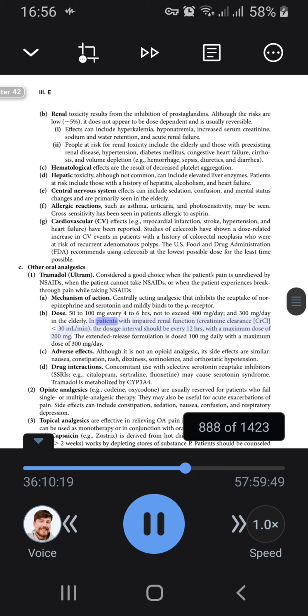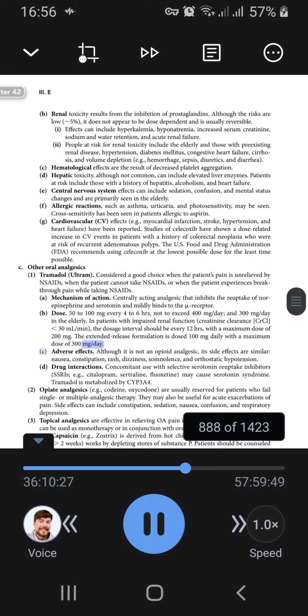In patients with impaired renal function, creatinine clearance (CrCl) under 30 mL/min, the dosage interval should be every 12 hours, with a maximum dose of 200 milligrams. The extended-release formulation is dosed 100 milligrams daily with a maximum dose of 300 milligrams a day.